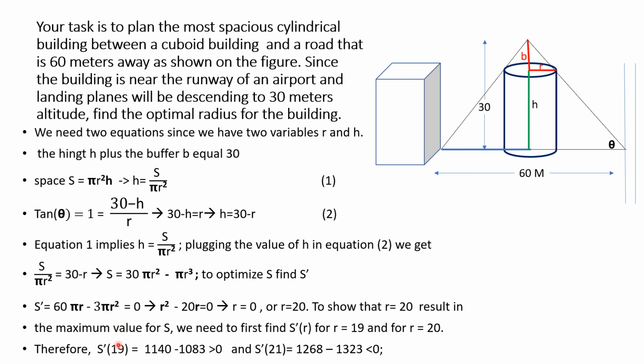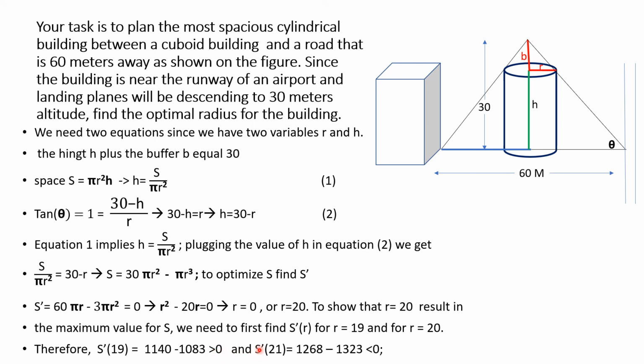So 19 squared multiplied by 3 pi, and over here 19 multiplied by 60 pi. And if we do the math, this is 19 multiplied by pi multiplied by 60, and then over here 10,083 is 3 multiplied by pi multiplied by r squared, and this is positive.